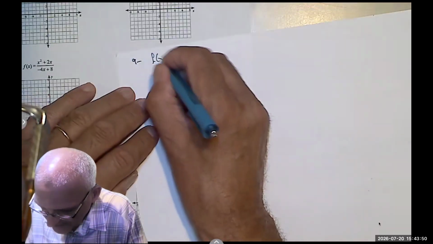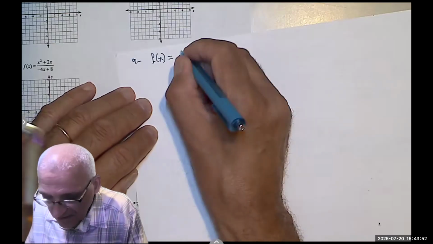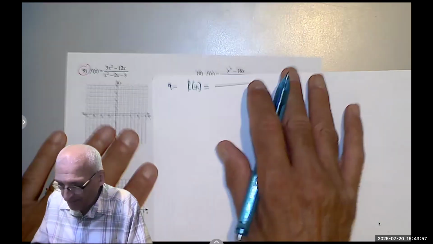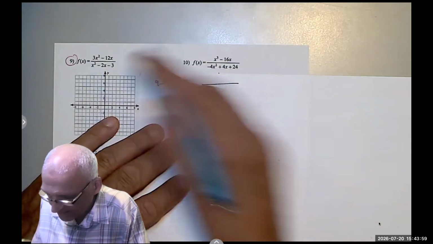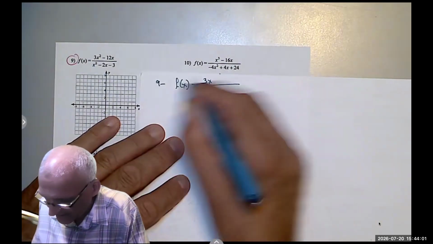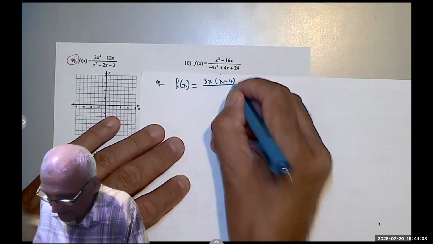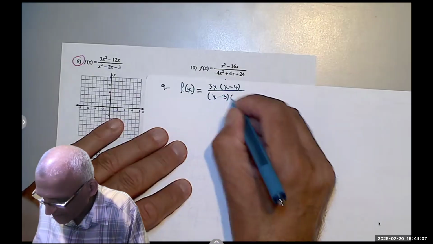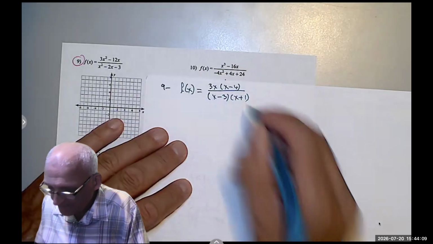F of x equals 3x squared. I will simplify as we go. So I can take 3x as a common factor, and that leaves you x minus 4. And the denominator, we just did it, x minus 3 times x plus 1. That's easier.